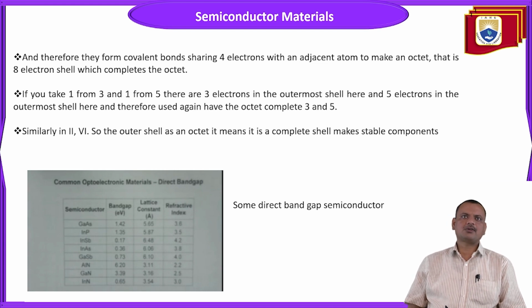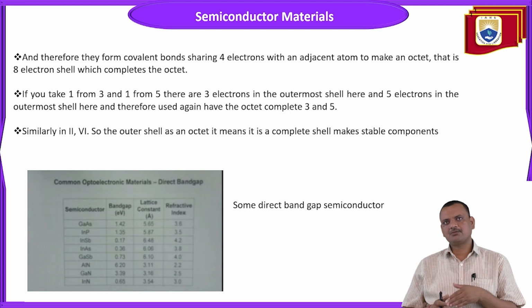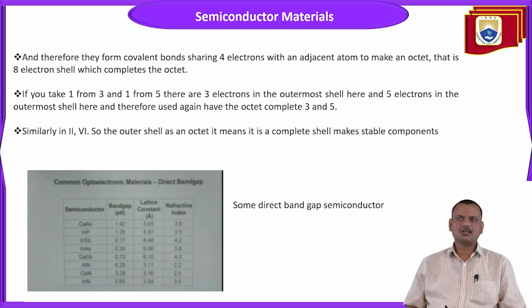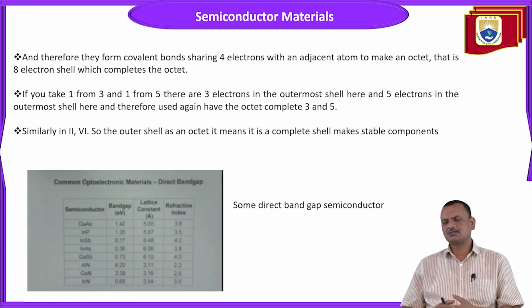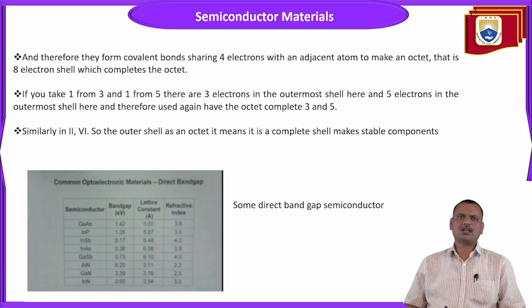If you take one from the third group and one from the fifth, there are 3 electrons in the outermost shell of the third group element and 5 electrons in the outermost shell of the fifth group element. So once you mix these, 5 plus 3 is 8, and again the octet will complete. Similarly for second and sixth group elements, the same thing will happen.